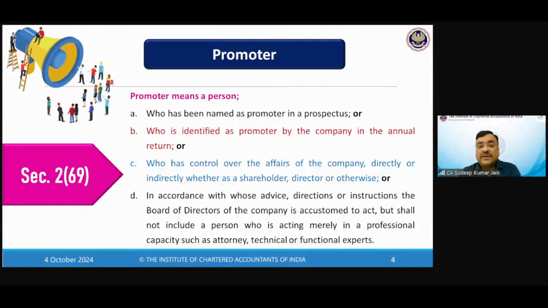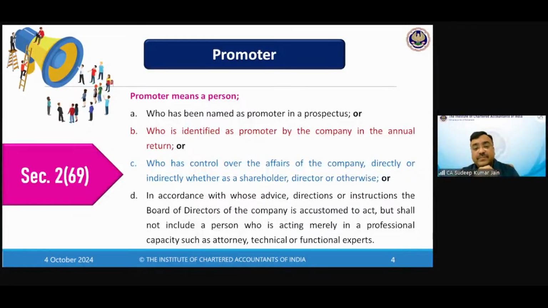Or who has control over the affairs of the company directly or indirectly, whether as shareholder, director or otherwise. So in simple way, if we go for these 3 points, promoter is the person who has idea about the company, idea about the business, who is supporting the company.